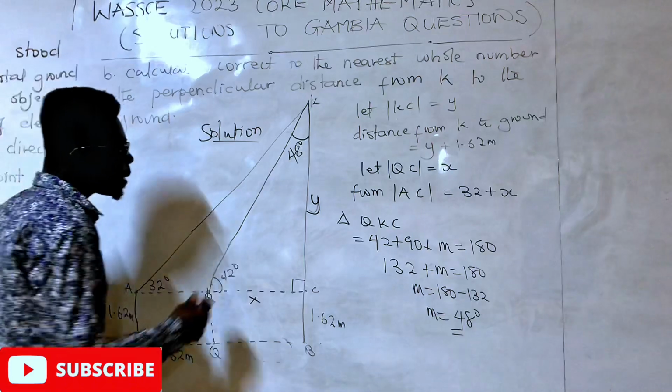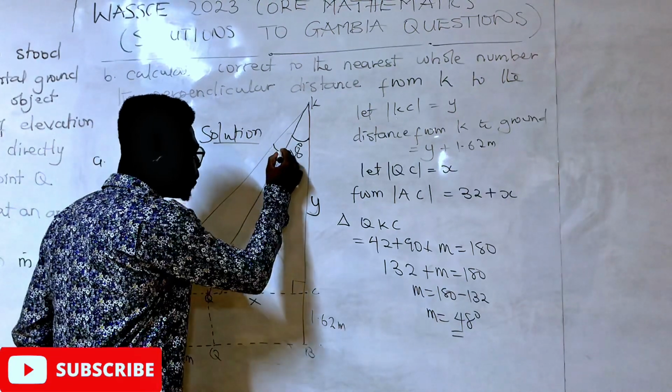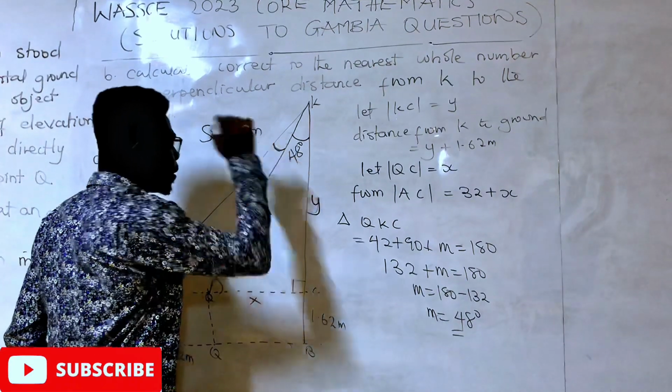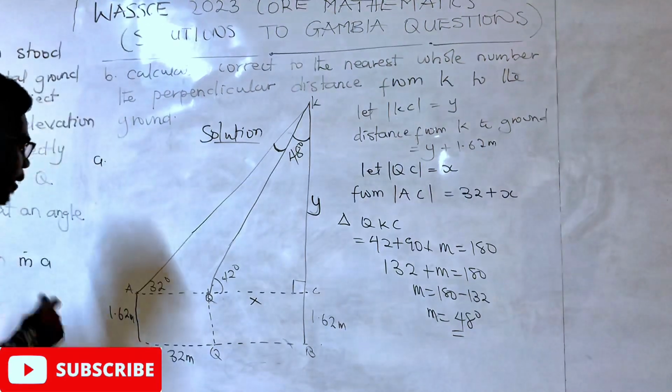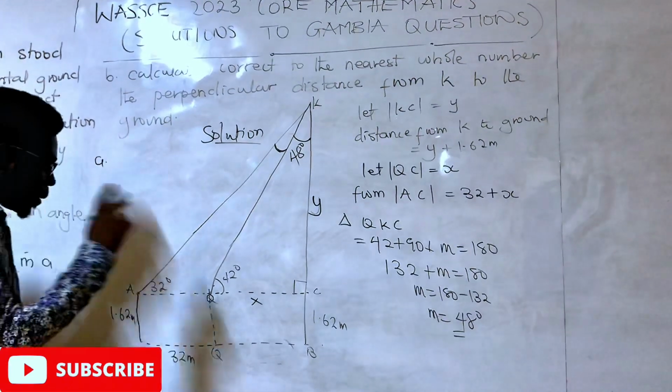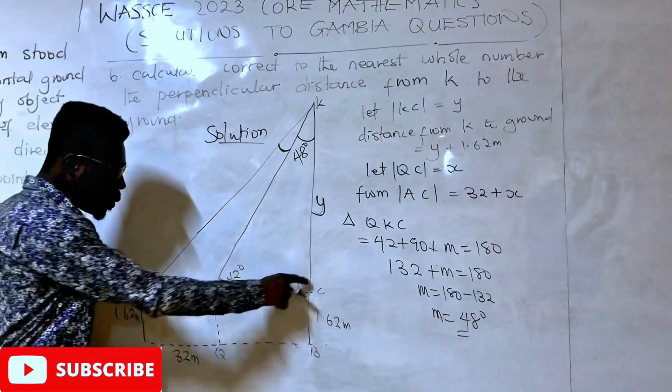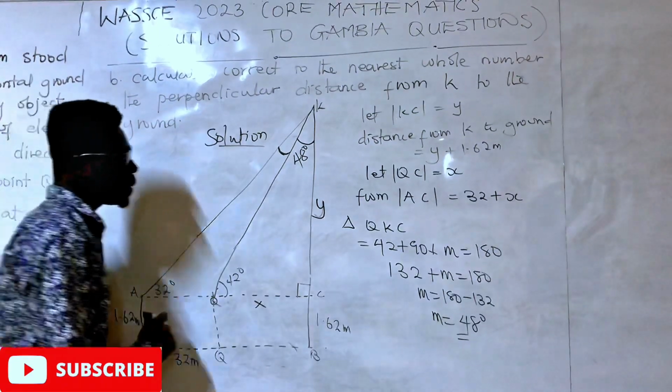What we want to do next is to find this small angle here in addition. So to get that small angle, we are now going to use 32 plus 90.